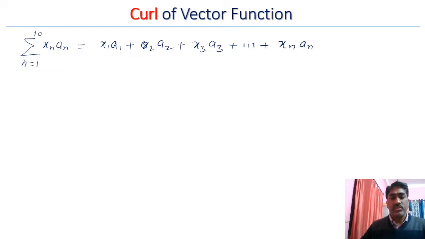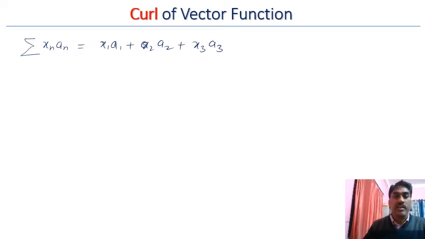If it is understood that the upper limit is fixed to 3, then we do not specify the upper limit and just write the lower limit. And if it is also understood that this subscript index n will always start from 1 and always end at 3, then we do not write any limits, upper and lower, then just sigma x_n a_n is this.